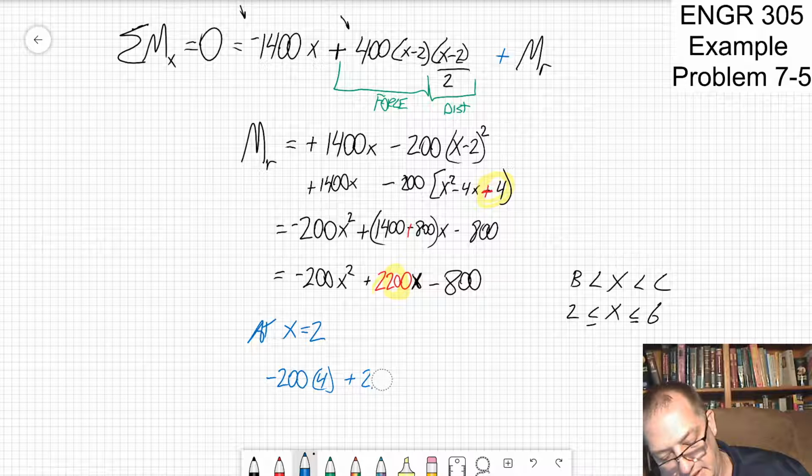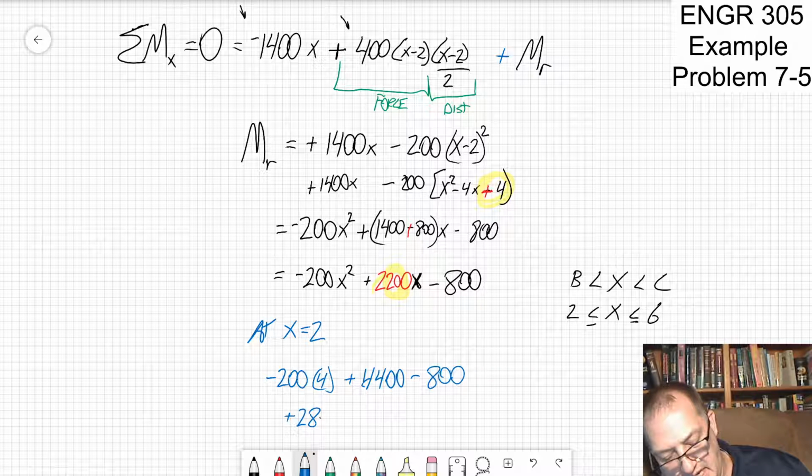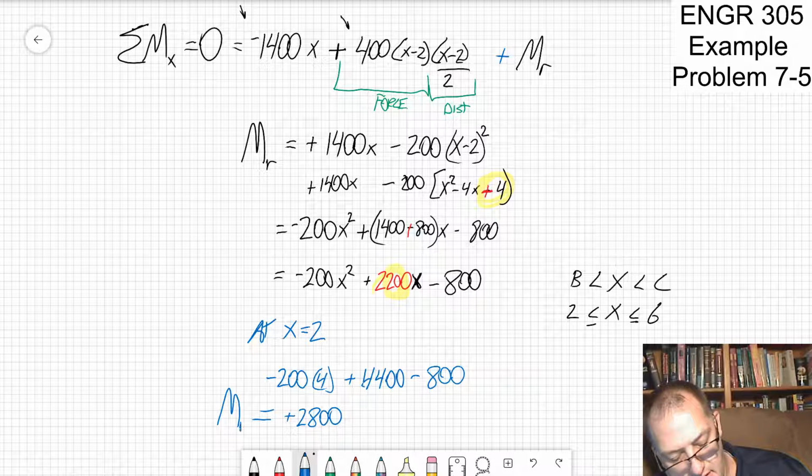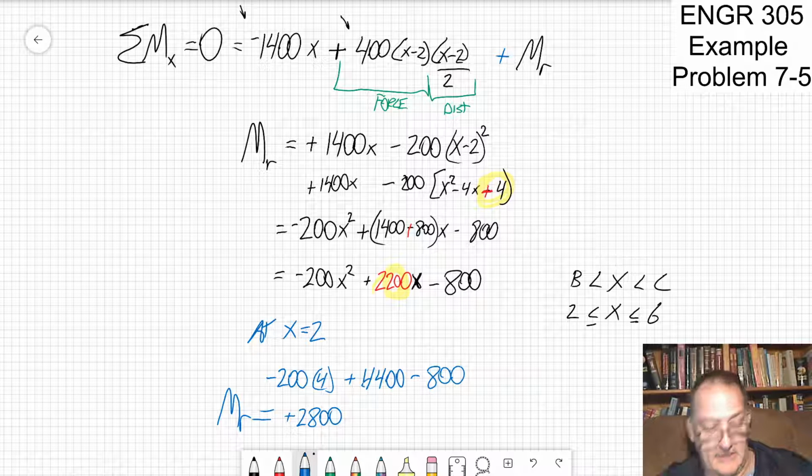That's a 4400, minus 800. It's really a minus 1600, right? 400 times 2 is another 800 minus that. So that gives me a plus 2800. Well, now I know I got it right, because that's my limit from the right is equal to my limit from the left.